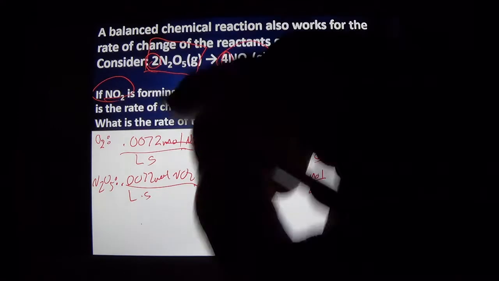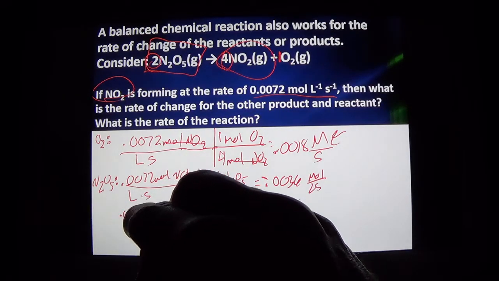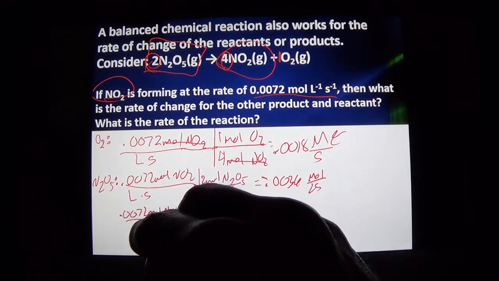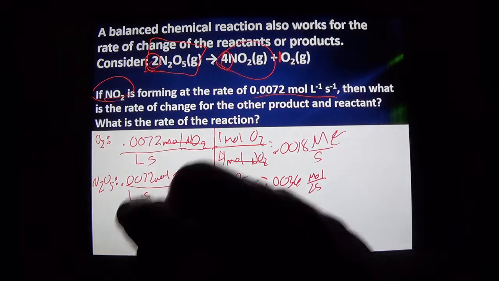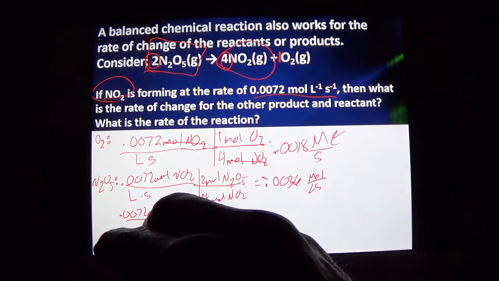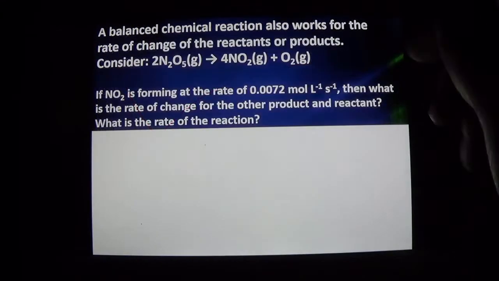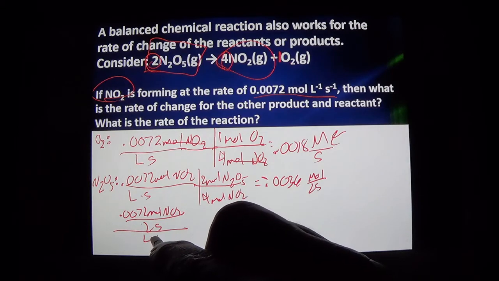But what about for our nitrogen dioxide? Well, our rate for nitrogen dioxide is 0.0072 moles of nitrogen dioxide per liter per second. And right now it's per 4 moles. So I'm going to divide to get per mole, per single 1 mole.